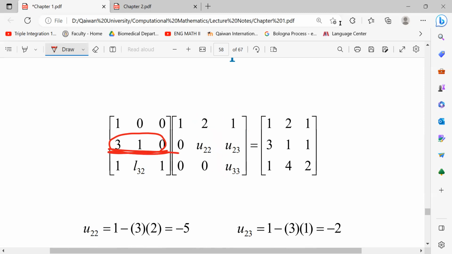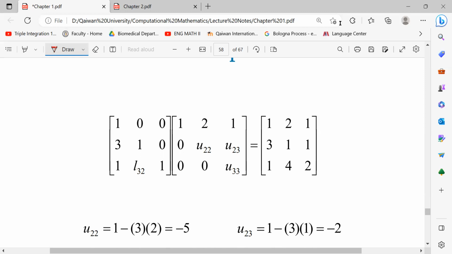We multiply the second row. It's in the third step. In the first step, we said U11, U12, U13 are those values. In the second step, we multiply second and third rows of matrix L by the first column of matrix U, and we get the values of L21 and L31.